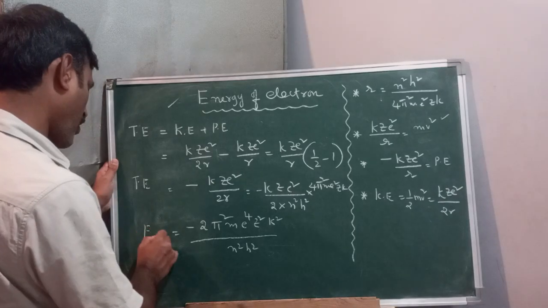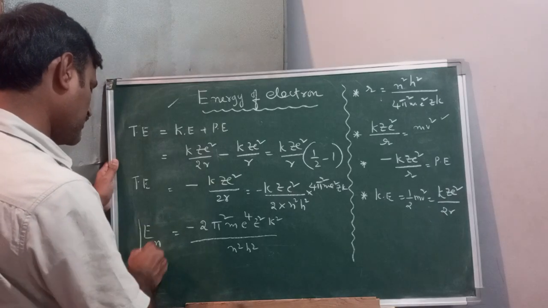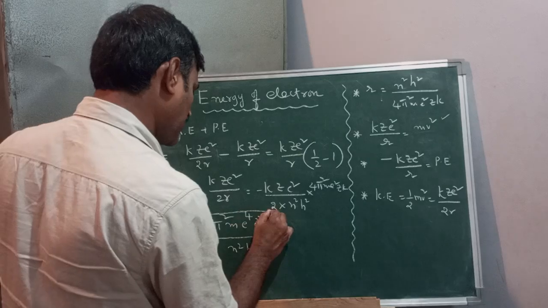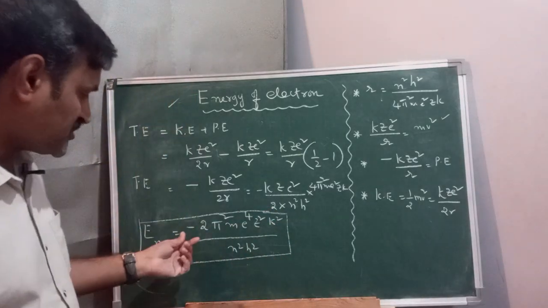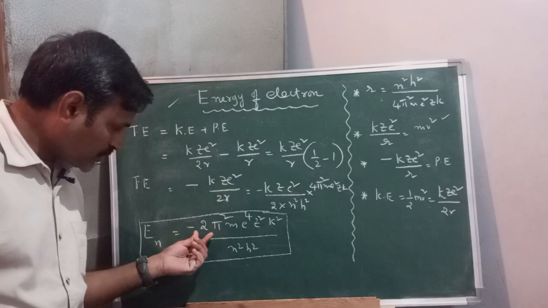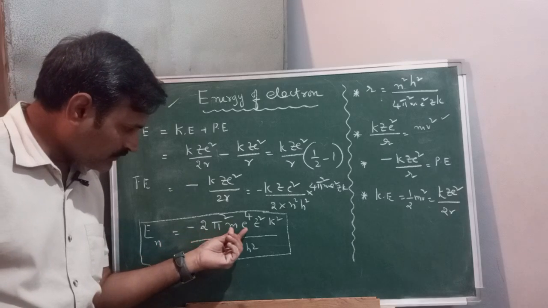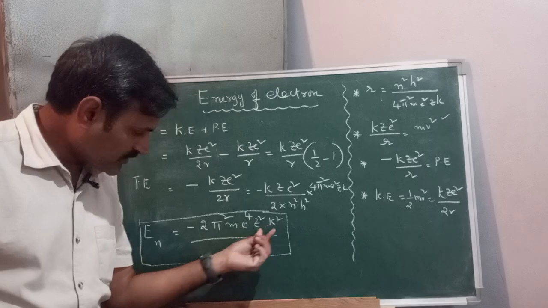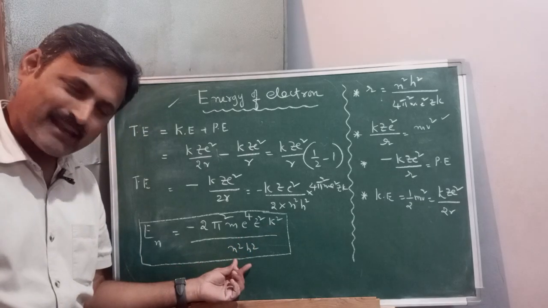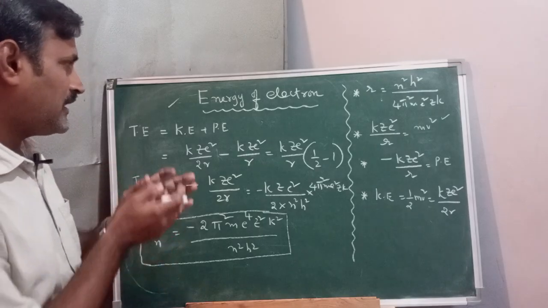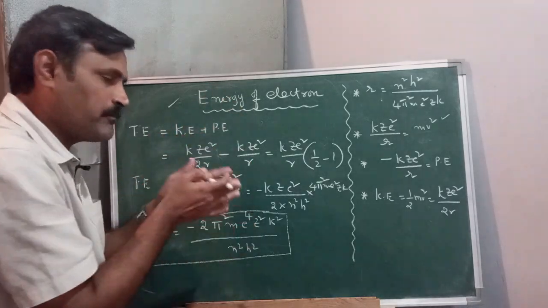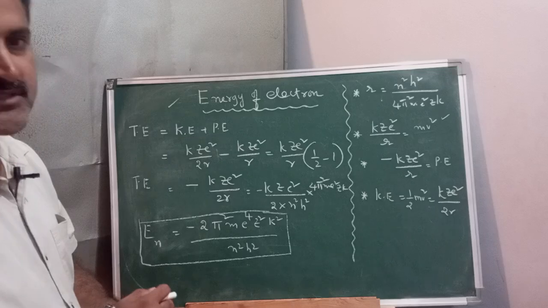This we call the total energy of the electron in the nth orbit given by Bohr's theory. So observe the formula: minus 2 pi square m e power 4 into z square into k square by n square h square. This is the expression for the energy of the electron from Bohr's mathematical ideas.